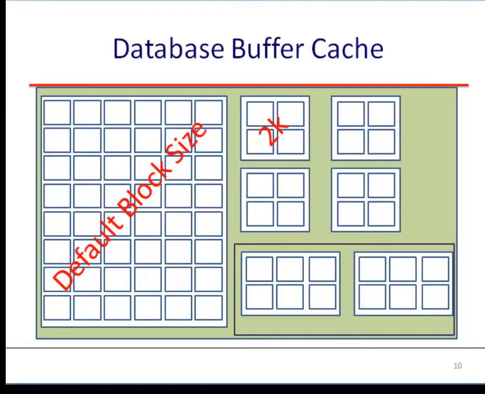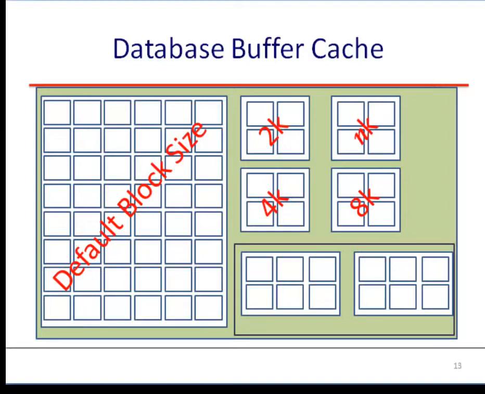Then you can see that we are getting different blocks created for 2K, probably 4K, 16K, and probably 32K as well. So all this is configurable, and this is something that you can do at your databases. Please keep in mind that your cache size has to be typically a multiple of whatever your database block size is.